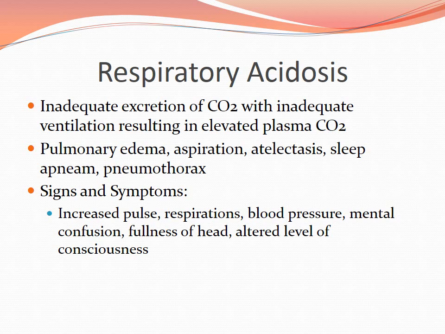So typically when we have too much CO2 in our blood, it's a vasoconstrictor. So we're going to have increased pulse, respirations, blood pressure, confusion, fullness of the head, and altered level of consciousness.